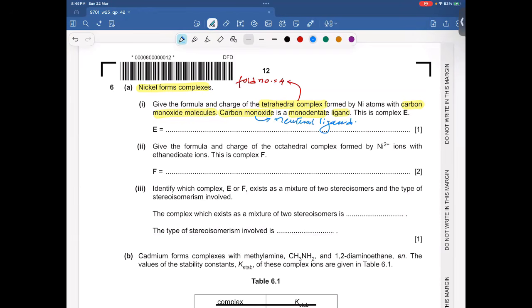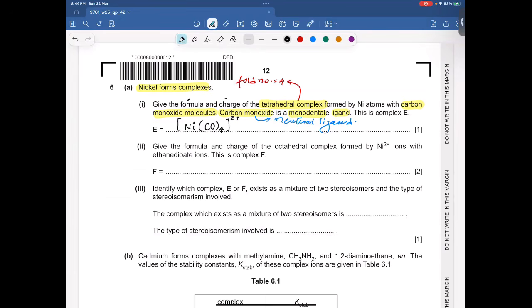So the formula and charge: the formula is going to be square bracket, that is the coordination sphere. Nickel is a transition element, then small bracket. We need to write carbon monoxide and we need to put 4 here. Since this is a neutral ligand, it doesn't have any charge, and nickel has a 2 plus charge, so I'm going to write 2 plus here.